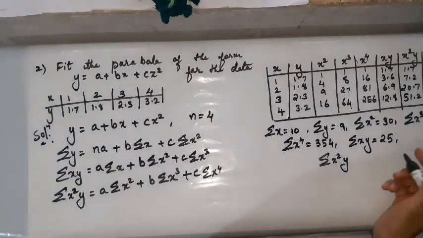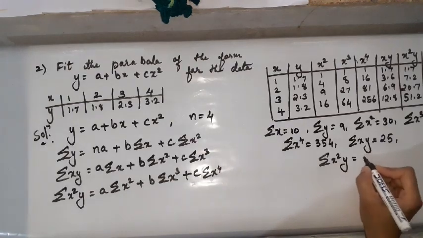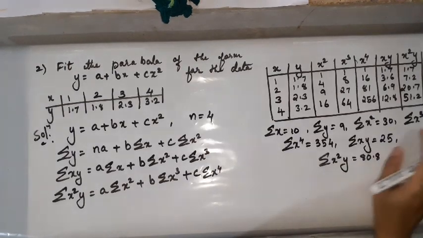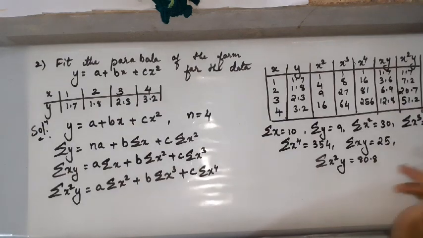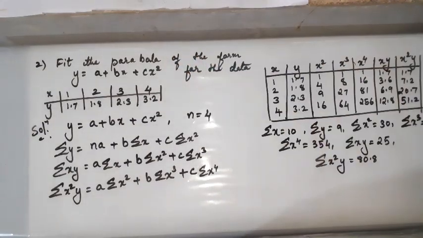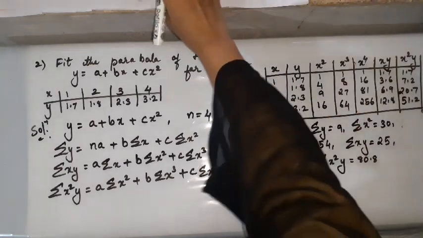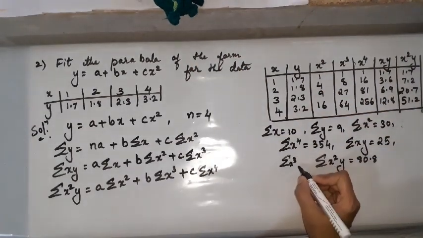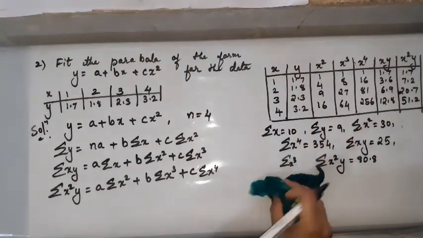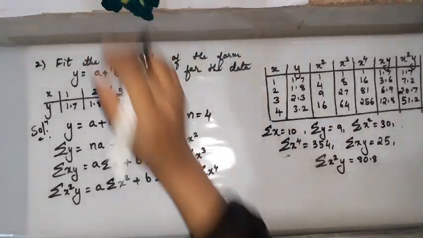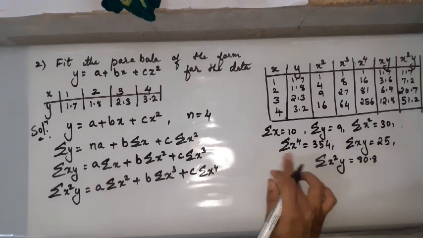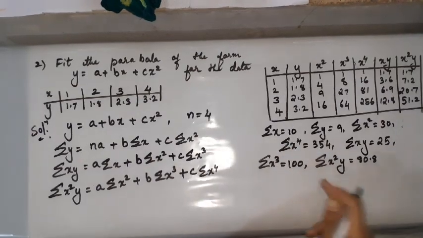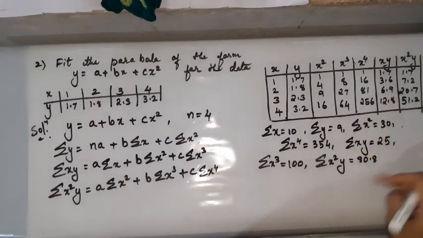Yes. Summation x square y, it should be 80.8. Done. Summation x cube is 100. I'll write it here. Summation x cube. It's 100. Summation x to the power 4, xy, every value is written.